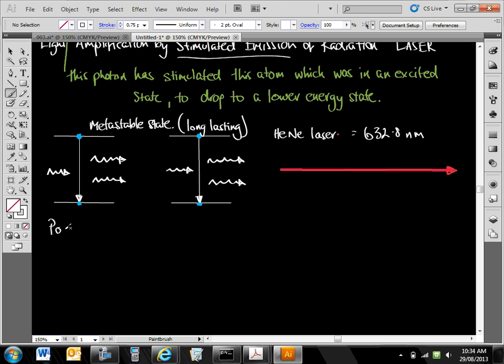Last thing, population inversion. Does anybody know what this is? Population's talking about the population of excited gas atoms.